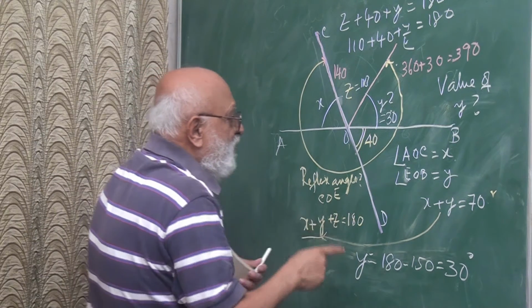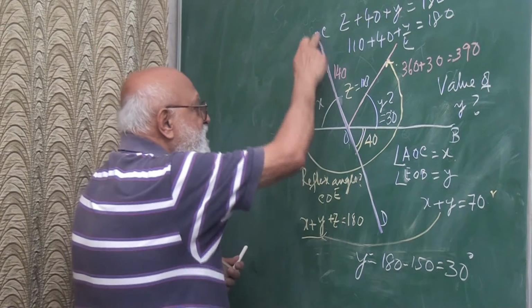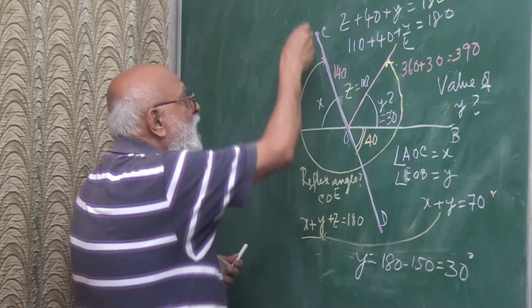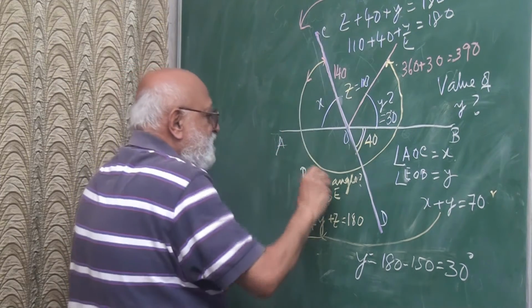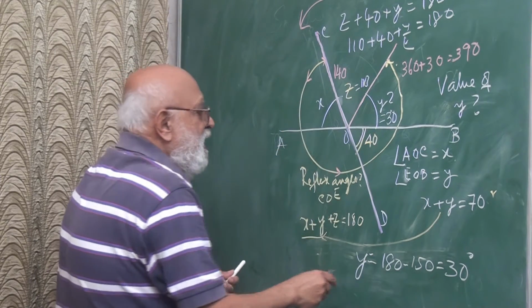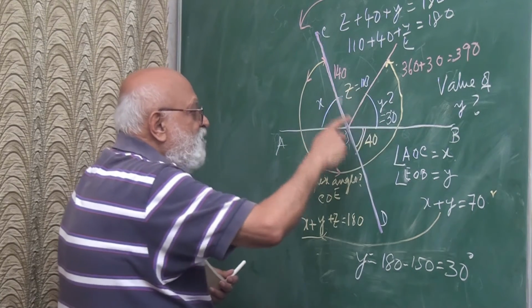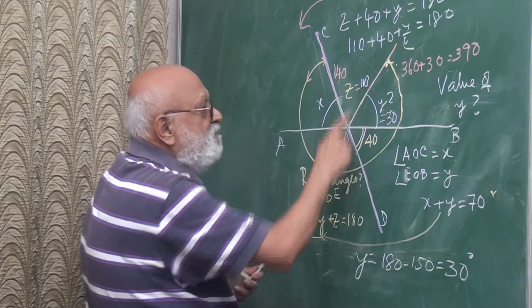So the way to find the reflex angle: identify the leading arm. I have told you, we will go in the anti-clockwise direction. End at the other arm, and find out where this arm is starting and where this arm is ending.